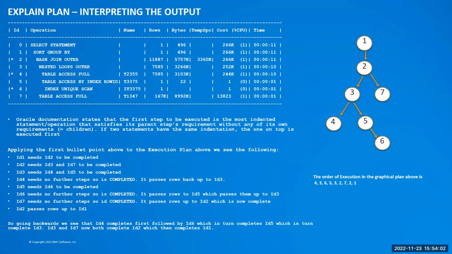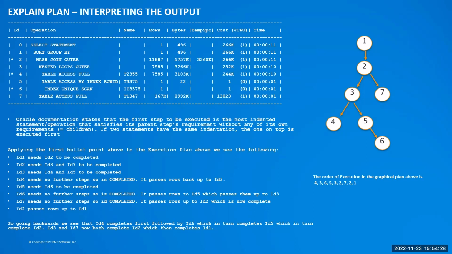So ID 2 has 2 children, 3 and 7. 3 itself needs 4 and 5 to be completed because 4 and 5 are at the same level of indentation. 5 itself needs 6 to be completed. So basically, the order of execution would be number 4 gets executed first. 4 passes it back up to 3, which is a nested loop.